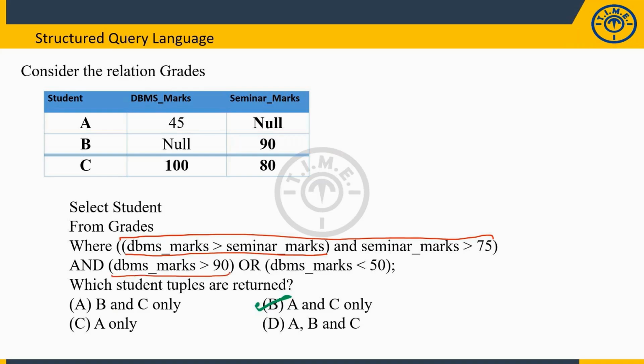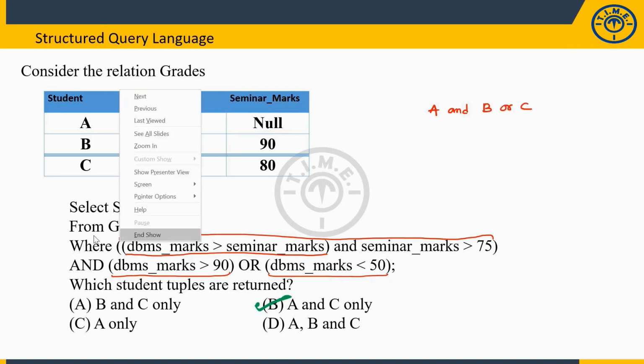This is 1 and this is 1. Now it is just like 3 conditions: A and B or C.